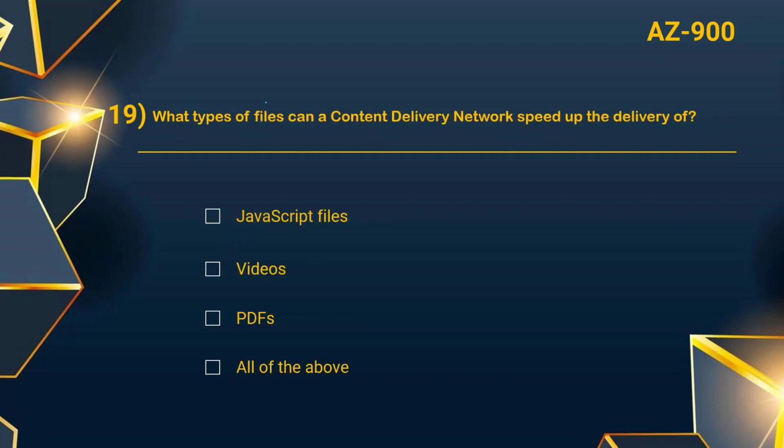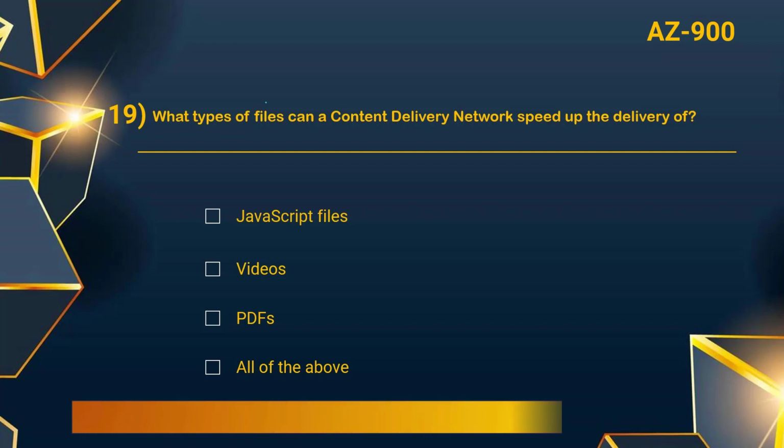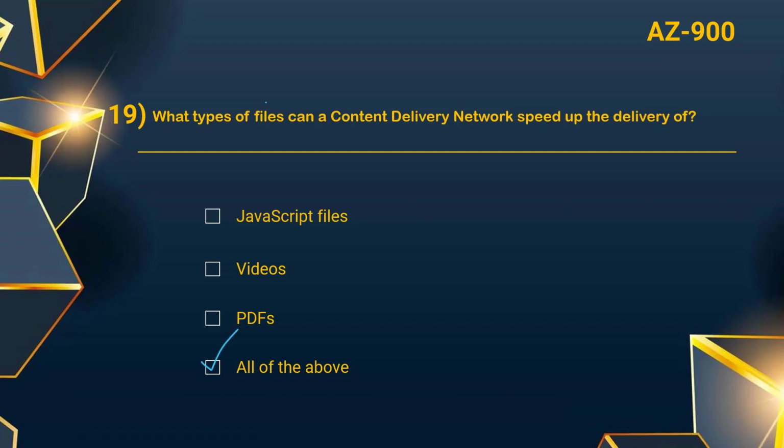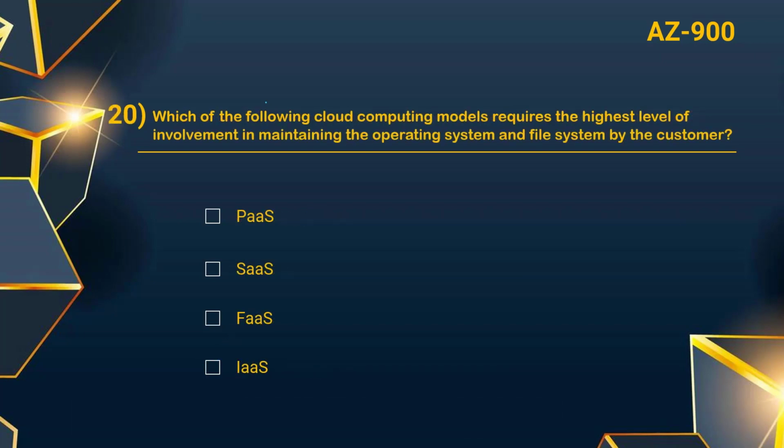What types of files can a content delivery network speed up the delivery of? Which of the following cloud computing models requires the highest level of involvement in maintaining the operating system and file system by the customer?